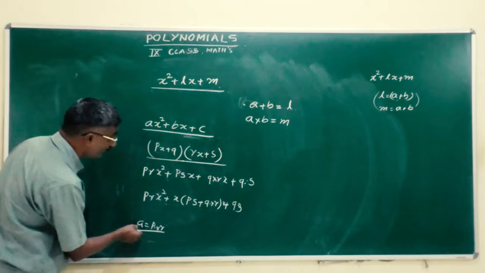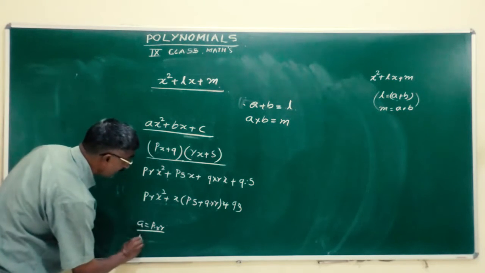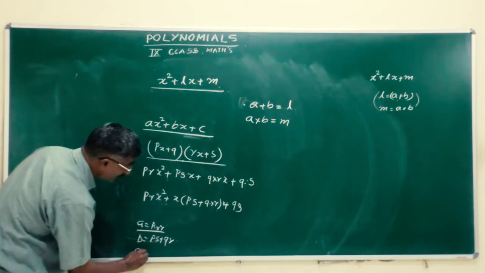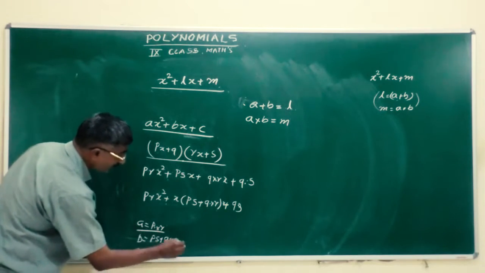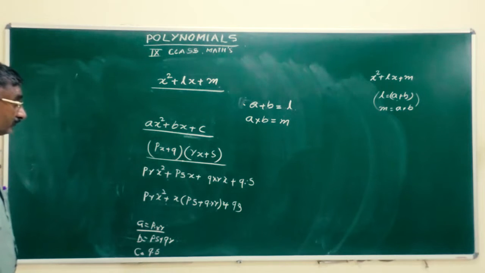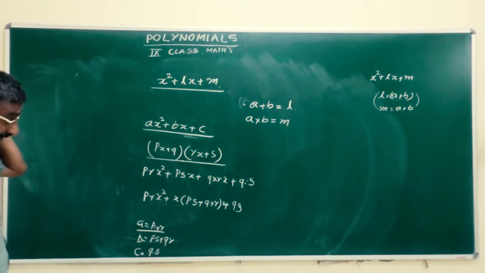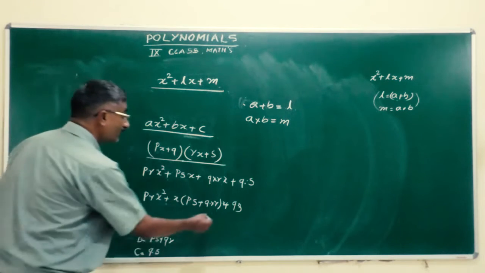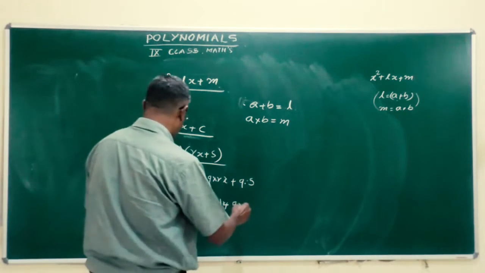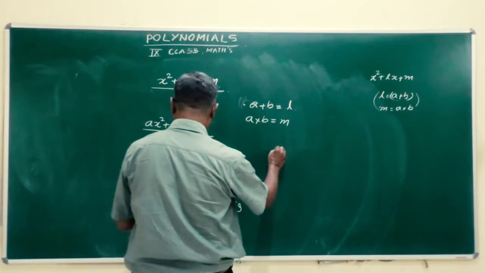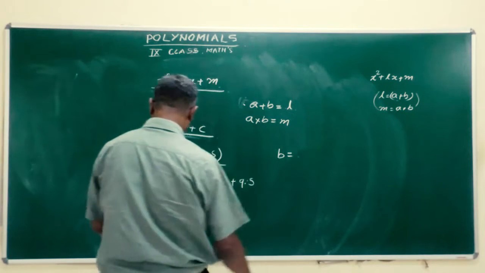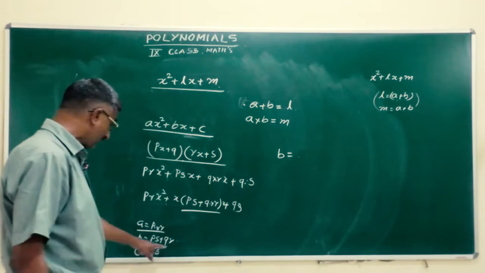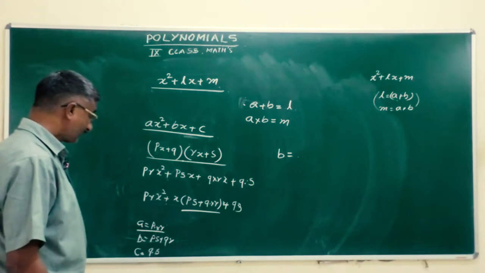A is equal to p r, B is equal to p s plus q r, and C is equal to q s. Clear? It means the middle term, that is B, is equal to p s plus q r.